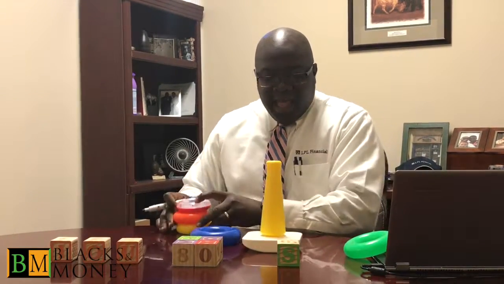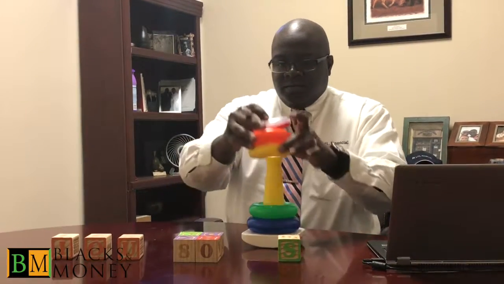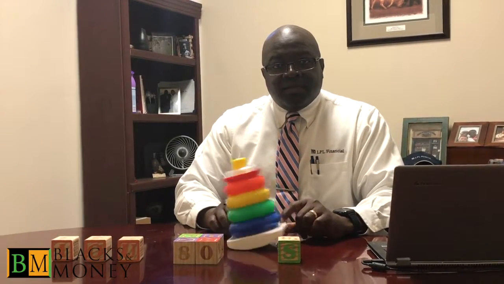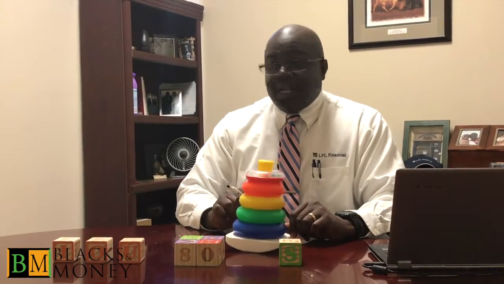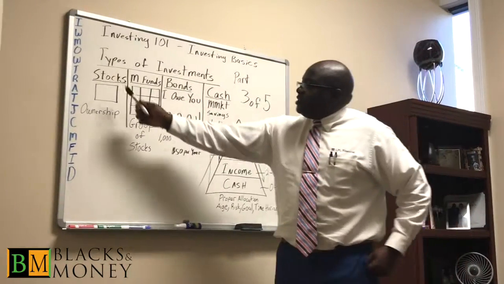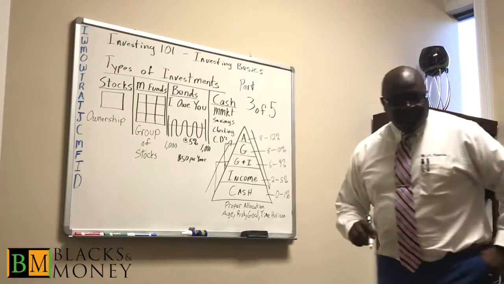But if you're properly allocated according to your age, risk tolerance, and goals, when things start to get funny in the market, we're in good shape, right? So this is our investment pyramid. We've got our stocks, our mutual funds, our bonds, we have our cash.